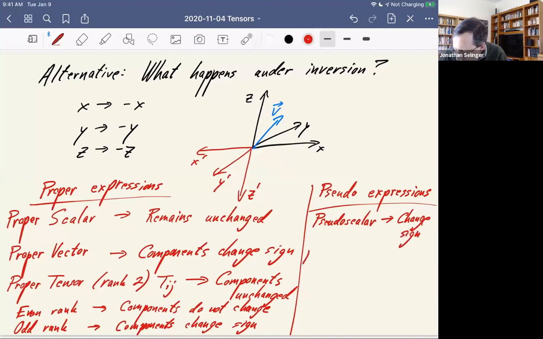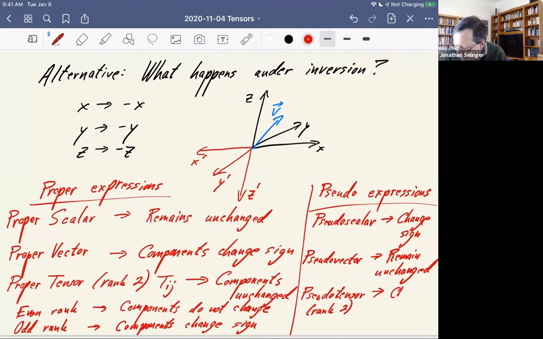A pseudo vector will remain unchanged. And a pseudo tensor of rank 2 will change sign. So it does the opposite of what a proper expression ought to do.